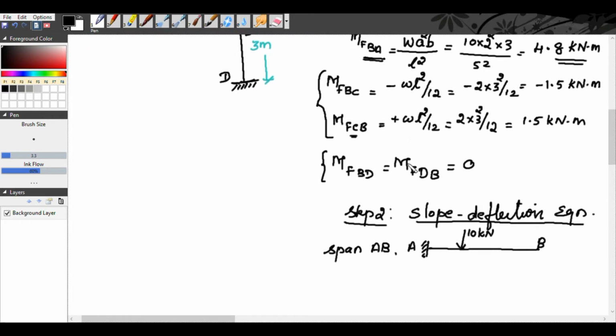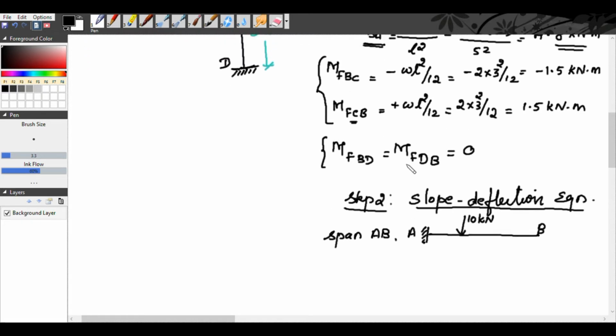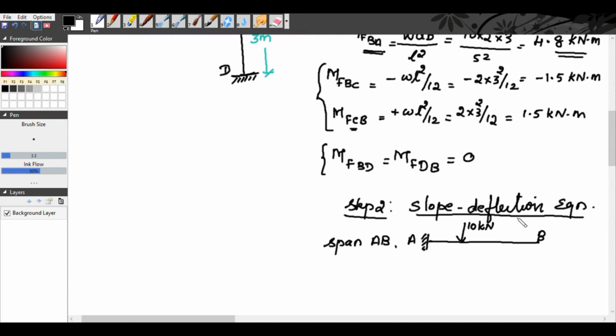Now we will move on to our second step, that is the slope deflection method. First of all we will consider the span AB, whose total span length is 5 meter.